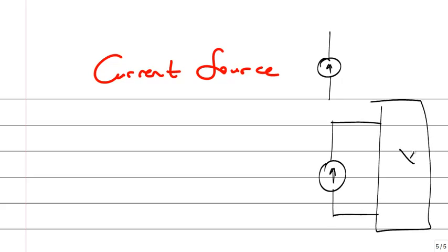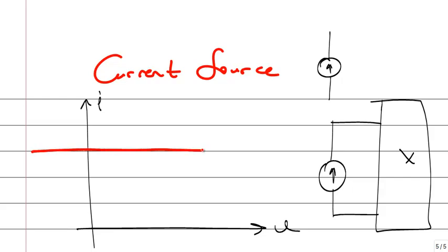I don't know what's inside that circuit, but I always know the voltage current relationship is like that. Current is always fixed at a value. Voltage changes. It can be negative, it can be positive, it can be zero.